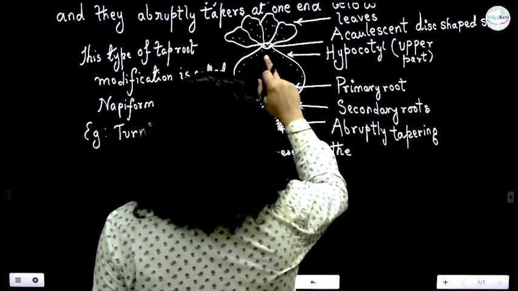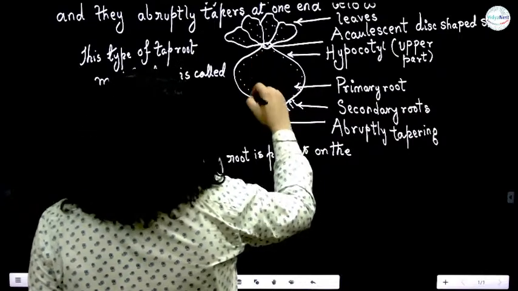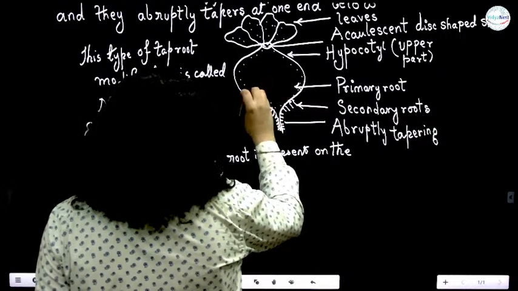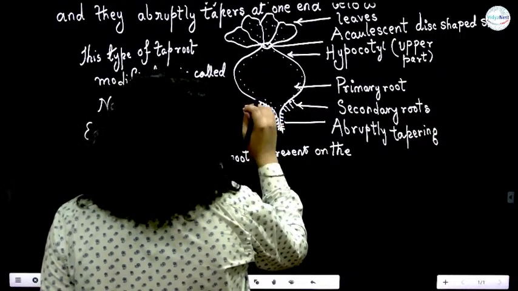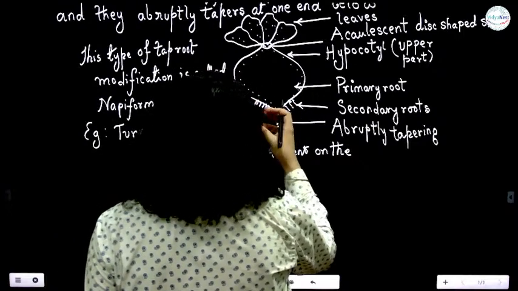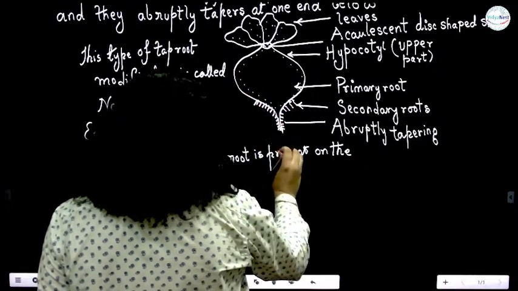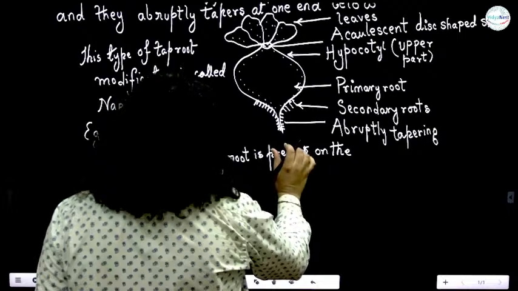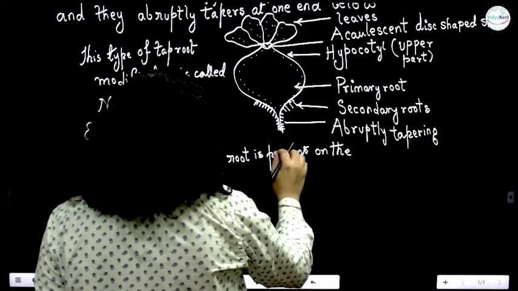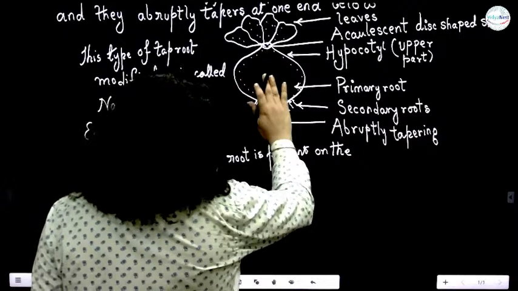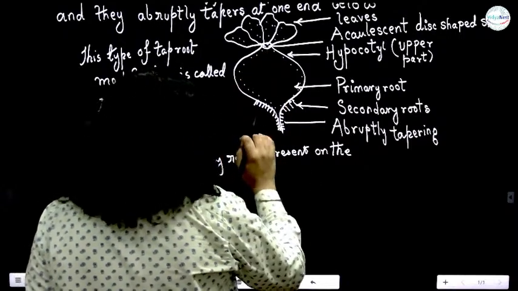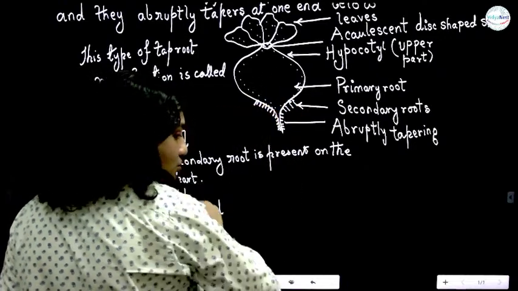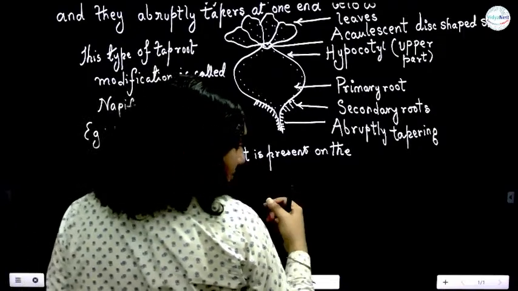That means the stem is present, and below this is the root, the primary root, whose anterior part is highly swollen to form a shape spherical in outline, and then abruptly tapers downward, giving rise to the secondary roots which are mainly concentrated in the lower, abruptly tapered part. The upper part of the tap root, the principal root, lacks the secondary roots. Okay.